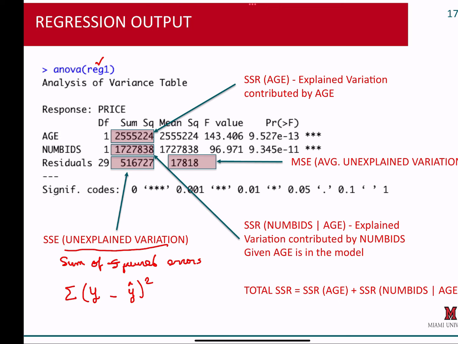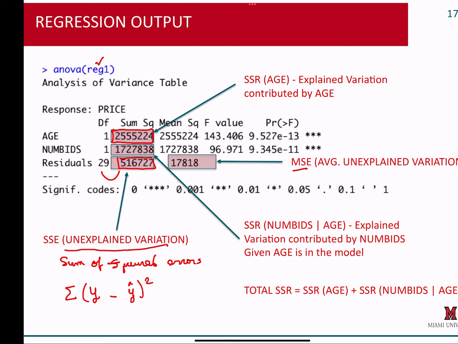Similarly, the MSE value is the average unexplained variation. In other words, if we divide this SSE value by 29, we get MSE. The two values work together. If one is low, the other one is low. We also have SSR, which is the explained variation. You can see that this number for age is large compared to SSE, so there is more explained variation than unexplained in this case.